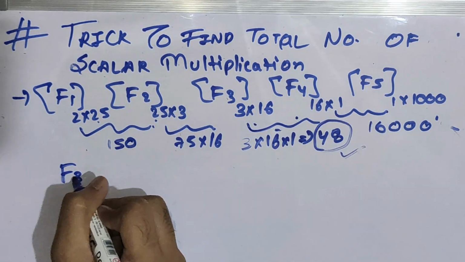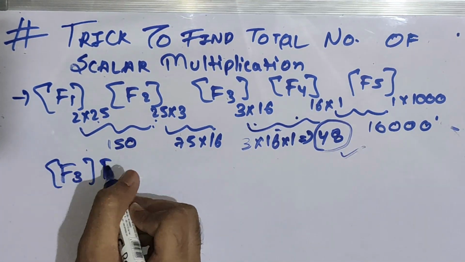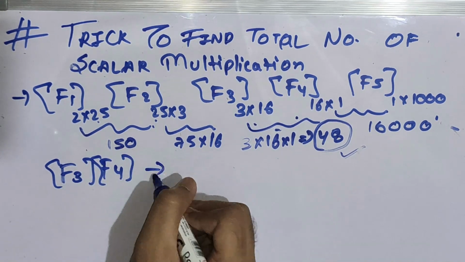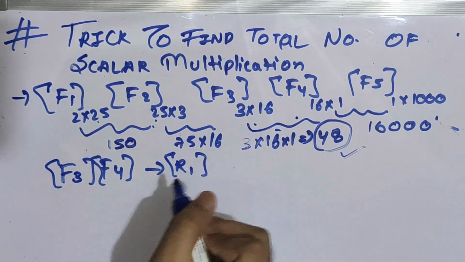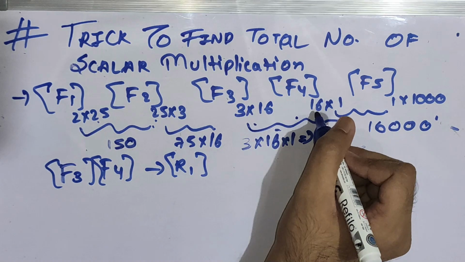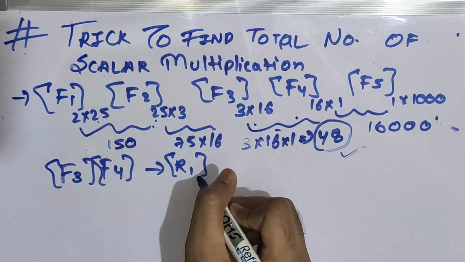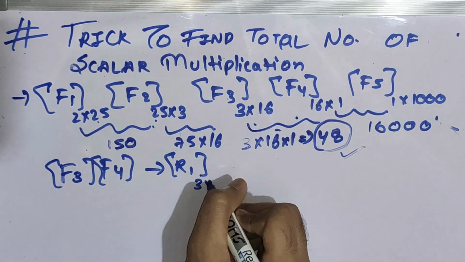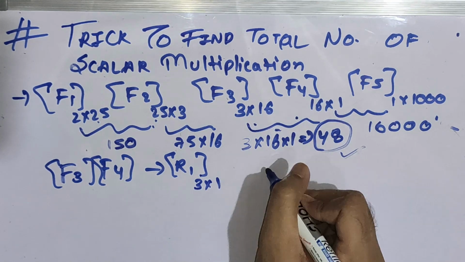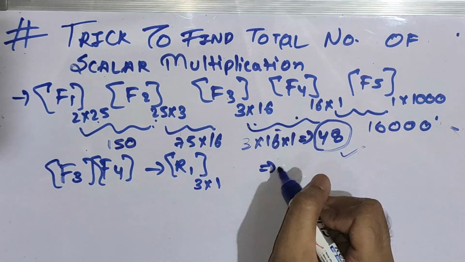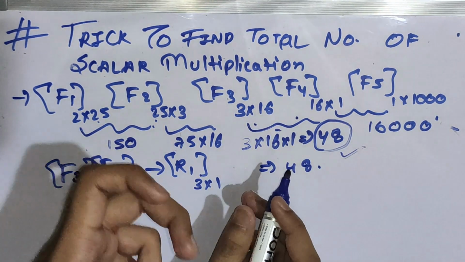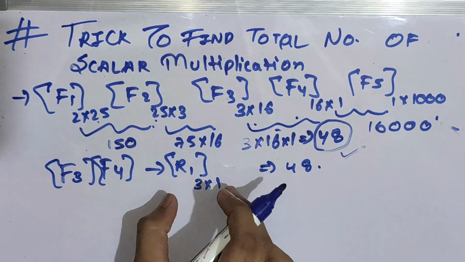Okay, so first we will multiply f3 and f4 and we will get the resultant matrix as r1, let's say. Since f3 is 3 cross 16 and f4 is 16 into 1, you will get the resultant matrix as 3 cross 1 and the scalar multiplication will be 48, right? Now let's check with which matrix we can multiply this matrix.